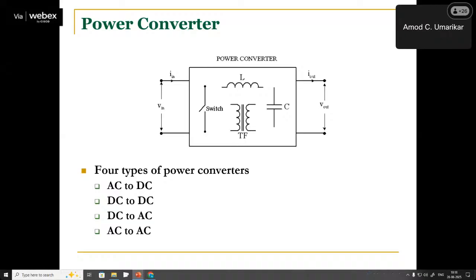So the switch is the heart of power electronics switching. Okay, so the switch, and then the rest of the components will be as per applications. If you need filtering, or power transfer processing, or energy storage, or isolation, then the transformer and other components come into the picture. But the switch will be there by default in any power converter.